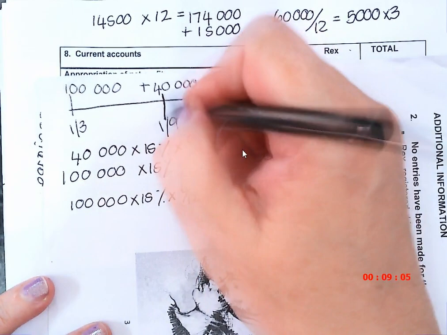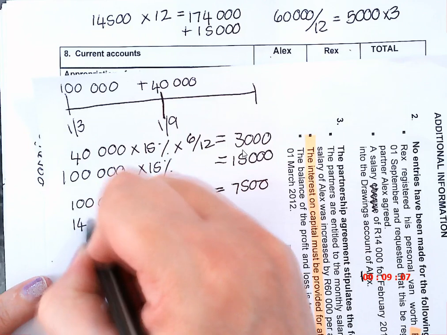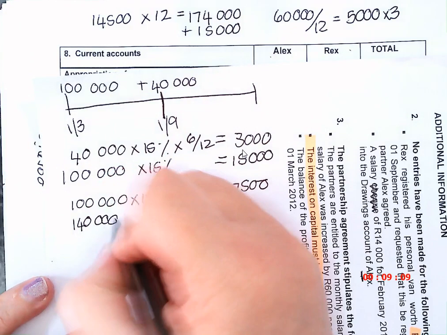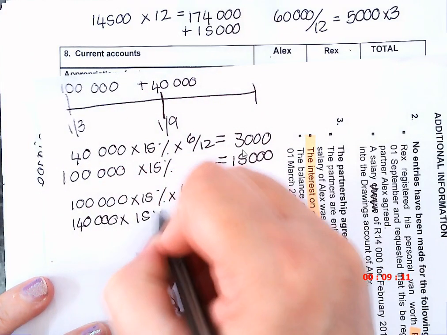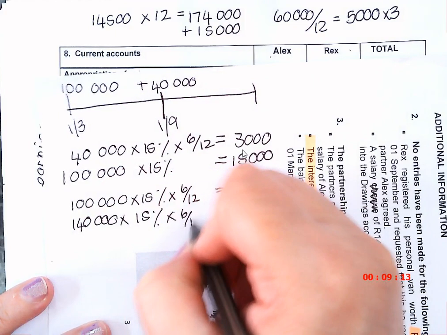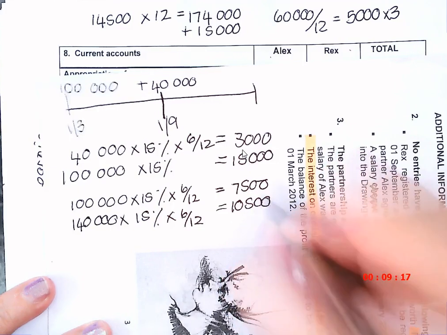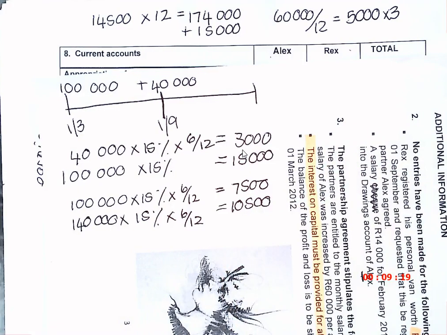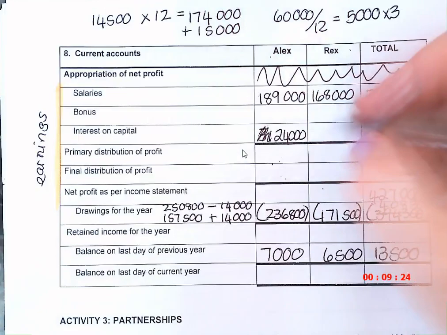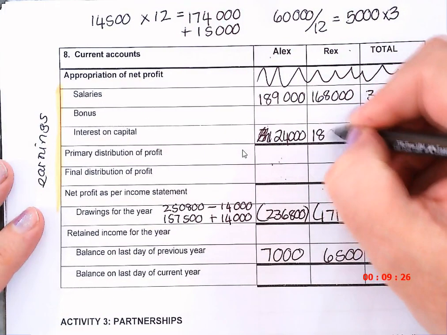Now, from the 1st of September, I have 140,000. You see? 15%, 6 months gives me 10,500. Can you see it also adds up to 18? You guys fine? Okay. Now, in here goes 18.